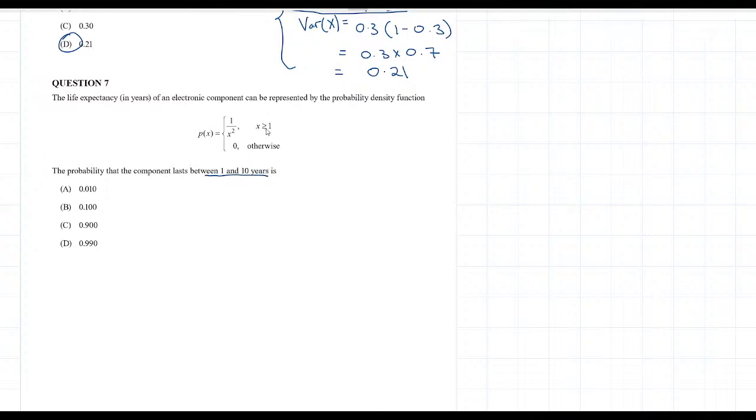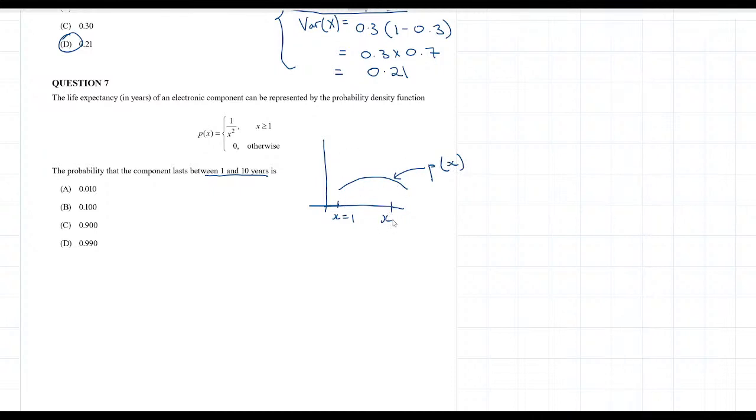Alright, so for questions like these, let's just draw a function. Let's say that's p of x. So it's 0 before x equals 1, and at this point it becomes p of x.